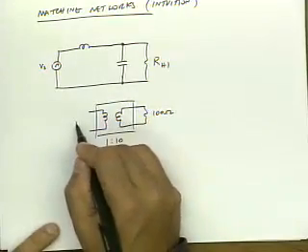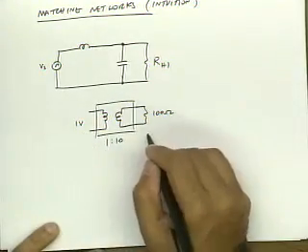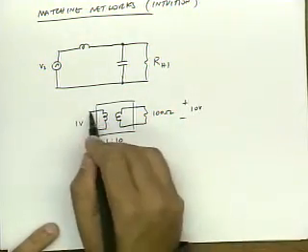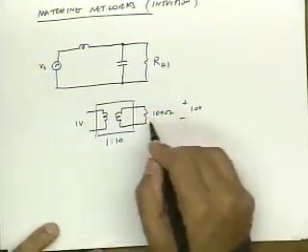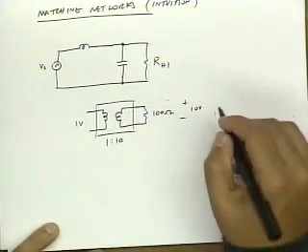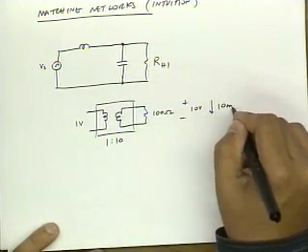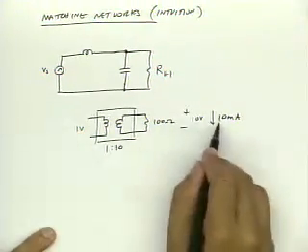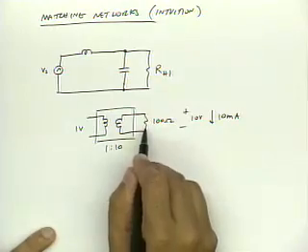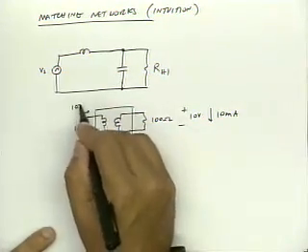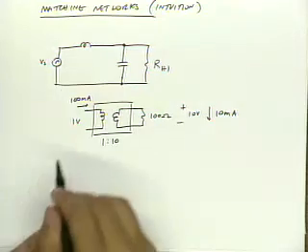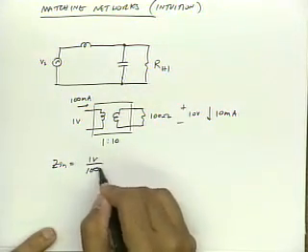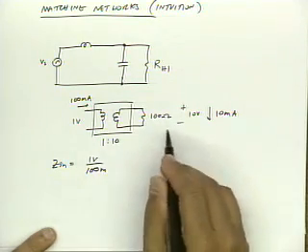So if I put 1 volt here, the voltage across here is 10 volts, right? And if I put 10 volts across 100 ohms, I know I get 10 milliamps of current. So if I have 10 milliamps of current flowing here, that means I have 100 milliamps flowing here. So from this point, I see 1 volt over 100 milliamps, right?